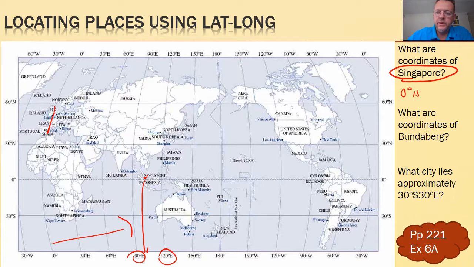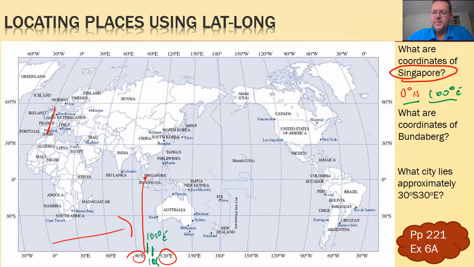Now I would think that's about halfway there. So halfway between 90 and 120 is about 105. So let's call this about 100 degrees east. Now I've read my latitude, then longitude.